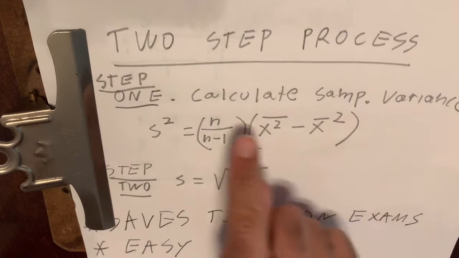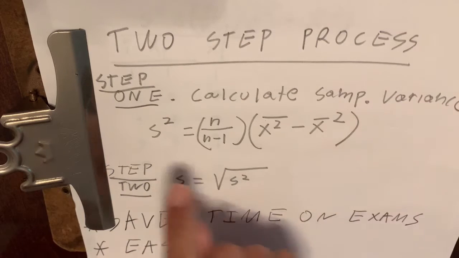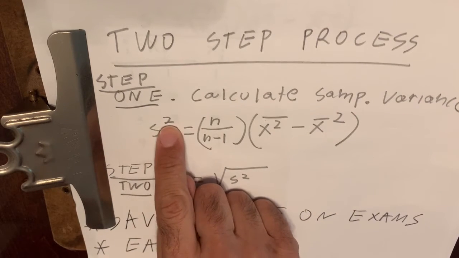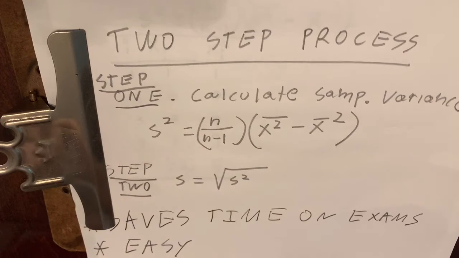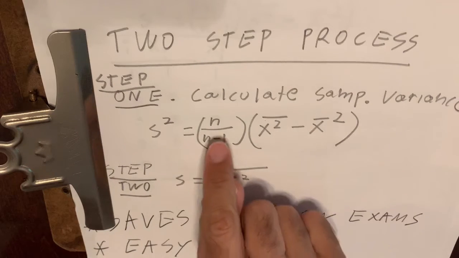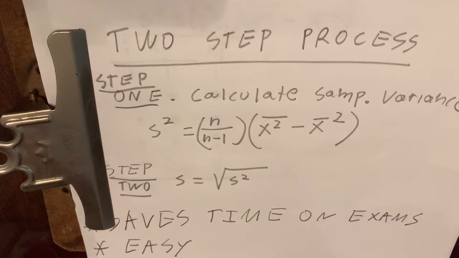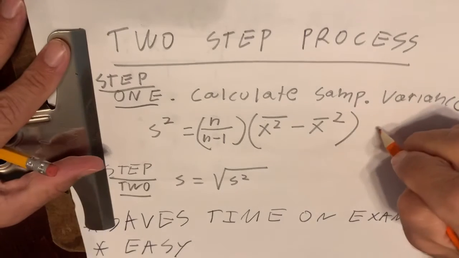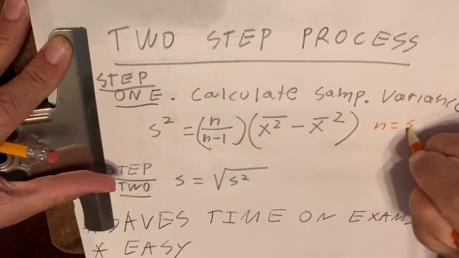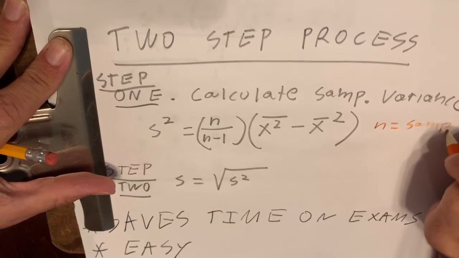Step 1 is to calculate what's called the sample variance, which is actually the square of the sample standard deviation. And here's the formula. The formula is n. Now in statistics, n always stands for the sample size. So I'm going to write this down. N equals sample size.